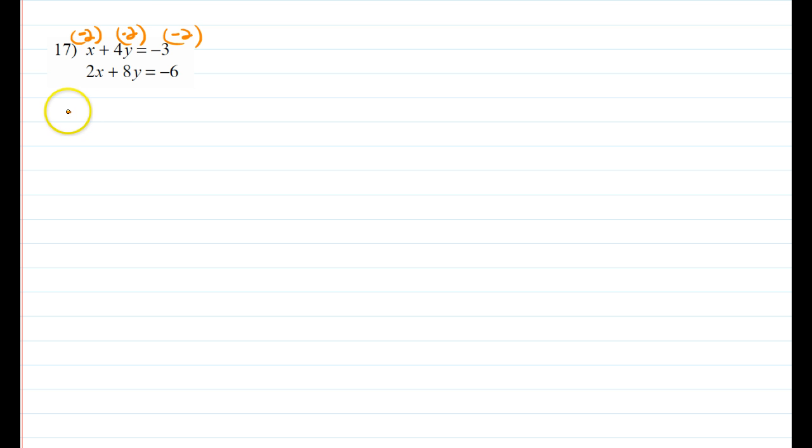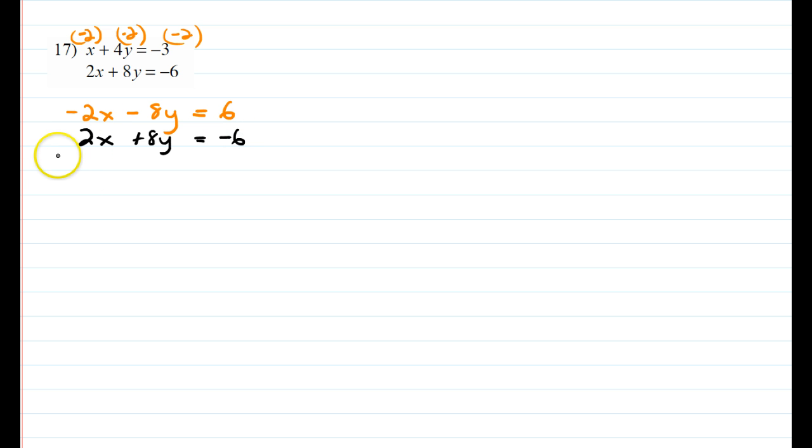So that gives me negative 2x. 4 times negative 2 is negative 8y, and negative 3 times negative 2 is equal to 6. So that was the top equation. Now let's just rewrite the bottom equation. 2x plus 8y is equal to negative 6.